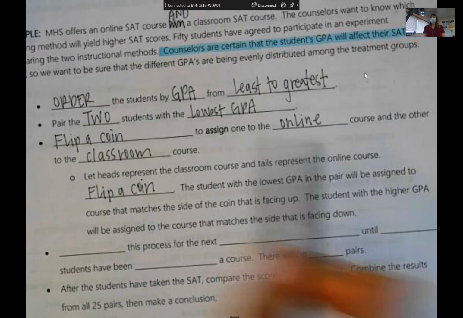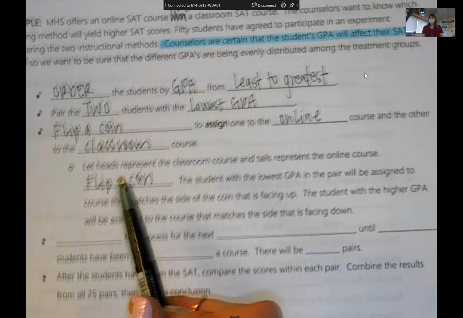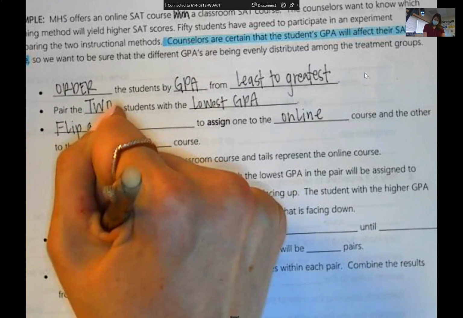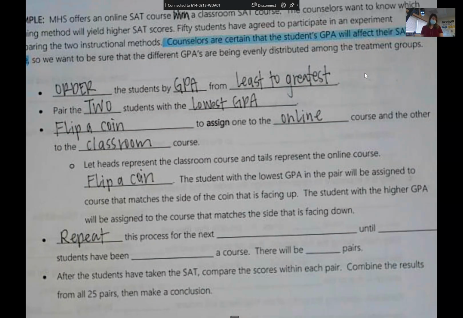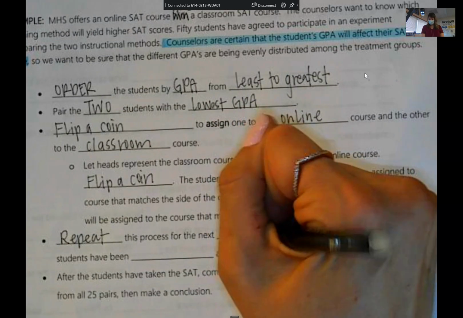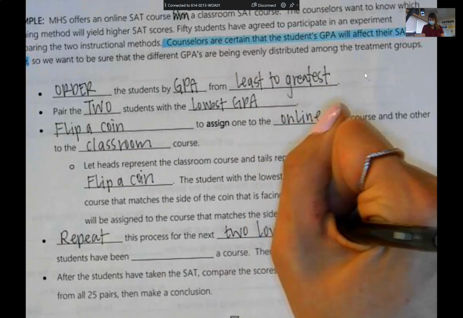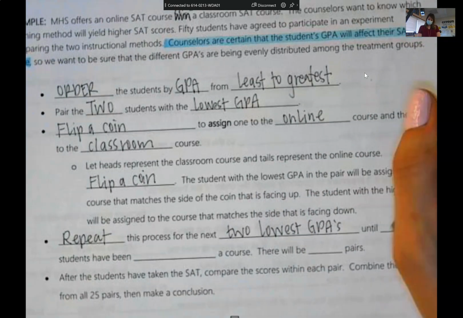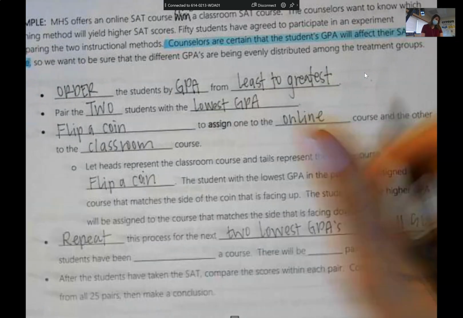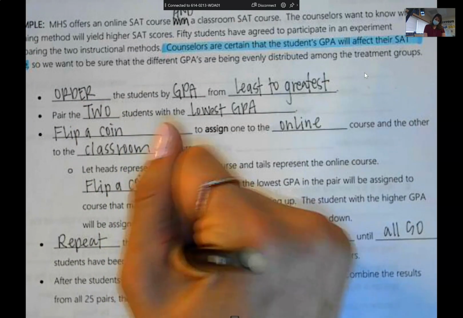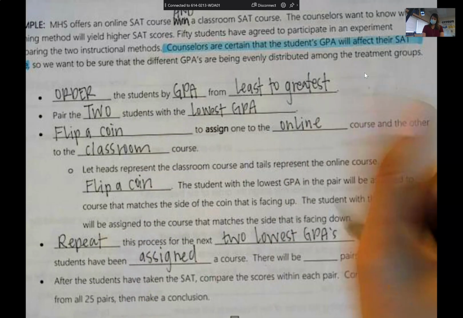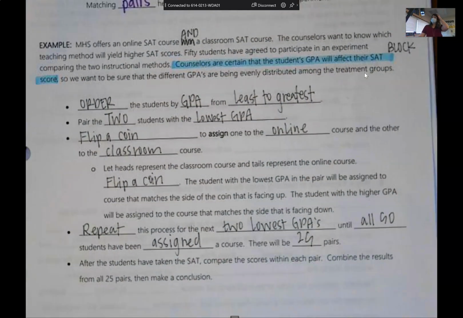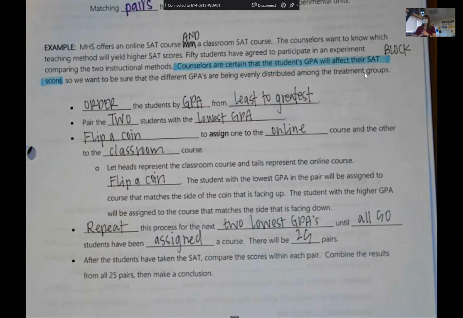So instead of having to write this a bajillion times, you just say repeat this process for the next two lowest GPAs until all 50 students have been assigned a course. By the time you're done, you'll have 25 pairs.